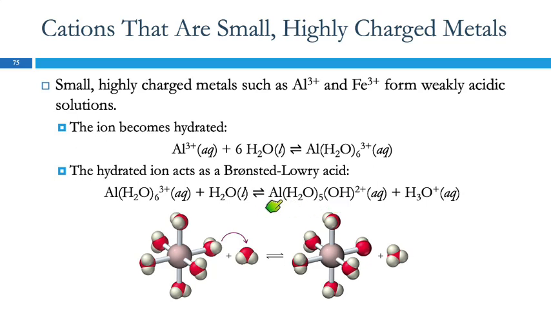Because what happened here, we had a +3 charge. Now we have a +2 charge because we took a hydrogen ion off. And we can't keep these H2Os all grouped together as 6 because one of them isn't H2O anymore. So there's 5 H2Os and an OH. And that proton went over to the water. So here, aluminum ion can act as a weak acid.